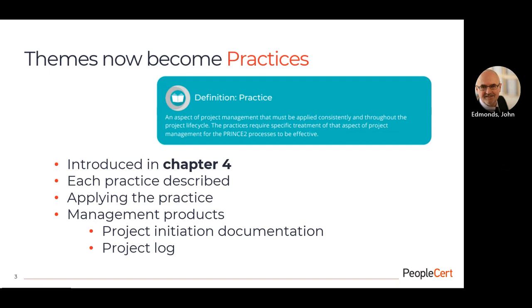We introduce them here in chapter 4. That's the project initiation documentation and the new project log, the repository for all of the risks, the issues, the lessons, and so on, all gathered in this thing called the project log with its individual components.